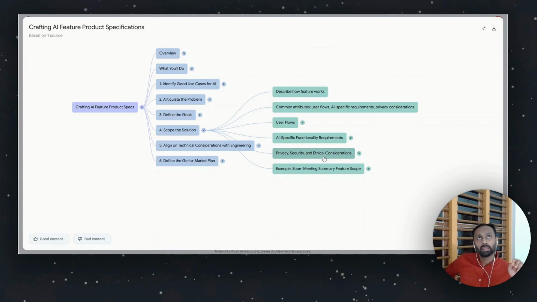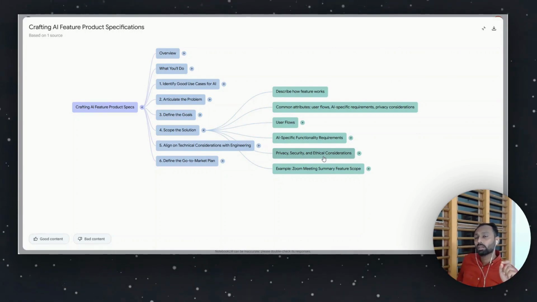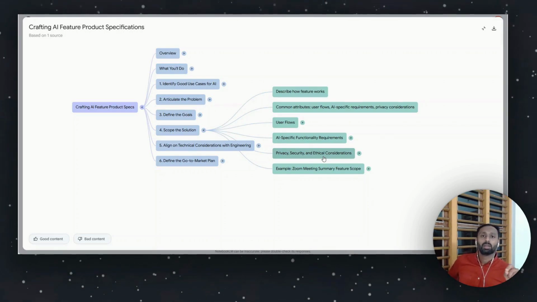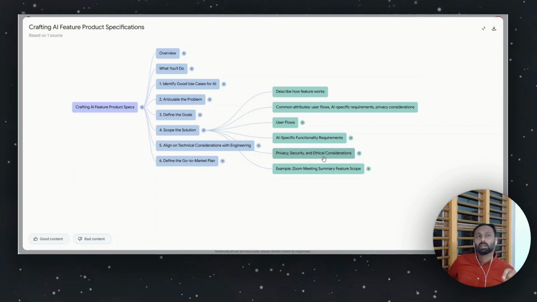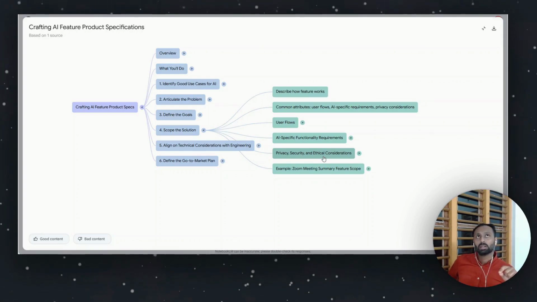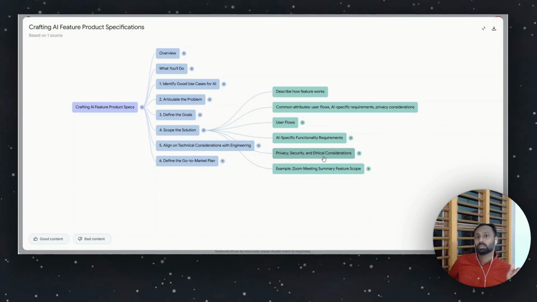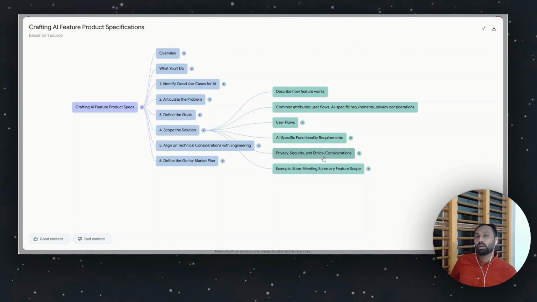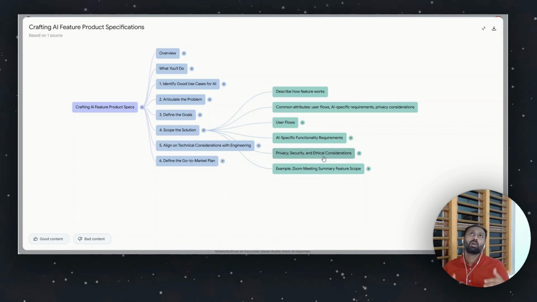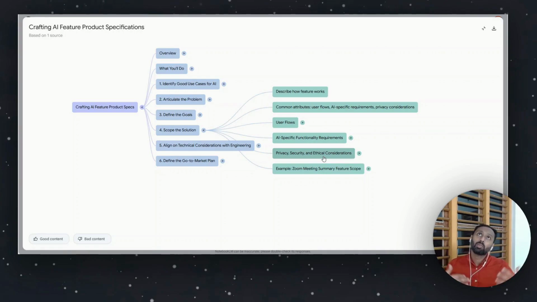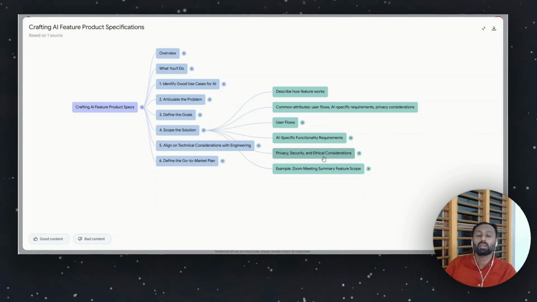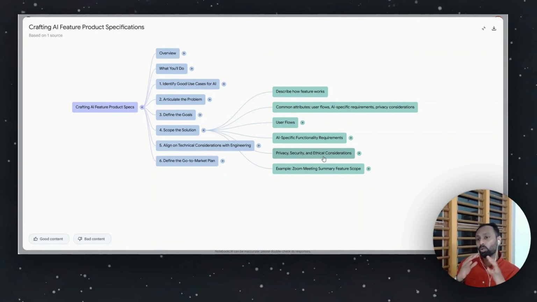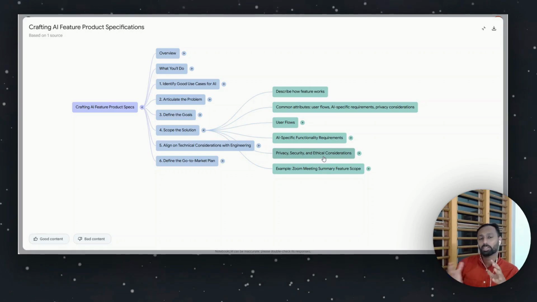The key point, as I told earlier, is that the feature is not deterministic. It's not a 0 or 1 output. So you should have clear evaluation: how do I measure the success of it, what is right, what is wrong, till what range it can go, how do I observe it, and what is my fallback mechanism. All these things have to be thought through, and that is what makes a good AI feature PRD.